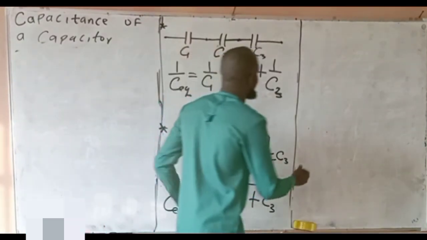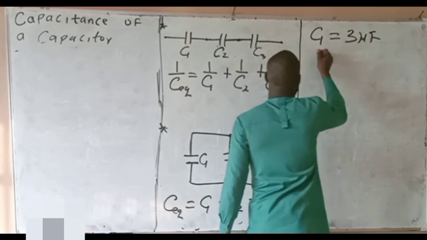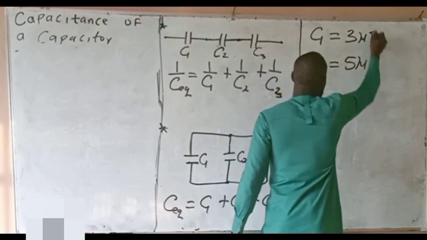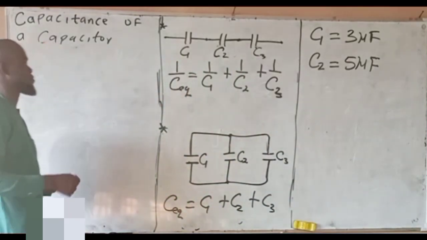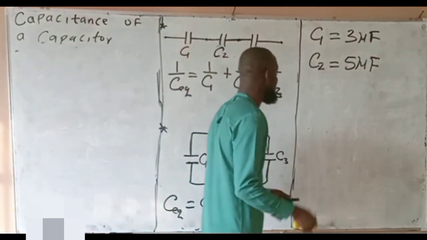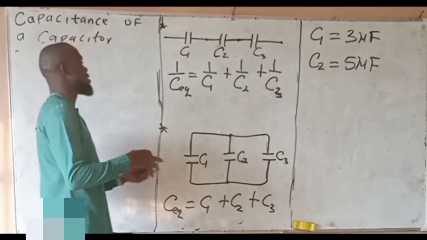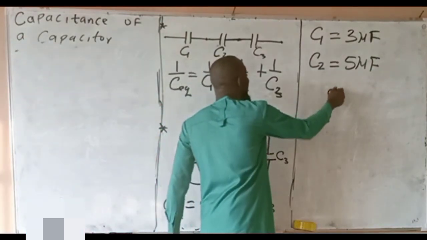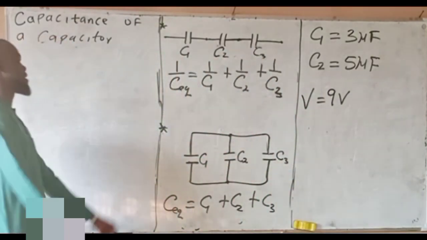Two capacitors, C1 equal to 3 microfarad and C2 equal to 5 microfarad, are combined together in series across a 9-volt battery. That is the potential, or the voltage, of the battery.